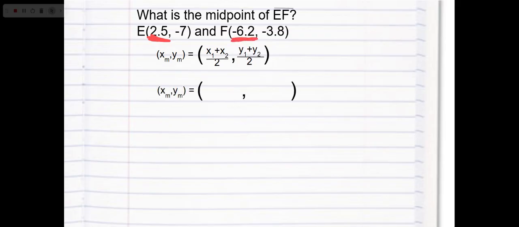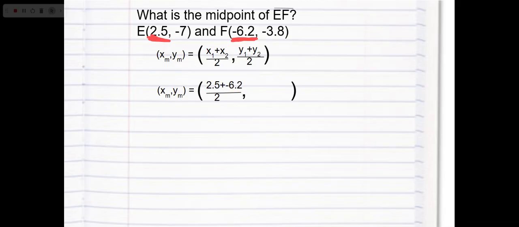Okay, let's do one more. This one's scary. Okay, what is the midpoint of EF? It's got some decimals. Again, we're going to use the formula. So for midpoint, we're going to first average those x values. So those are the first numbers in each set. So I'm going to say 2.5 plus -6.2 over 2.